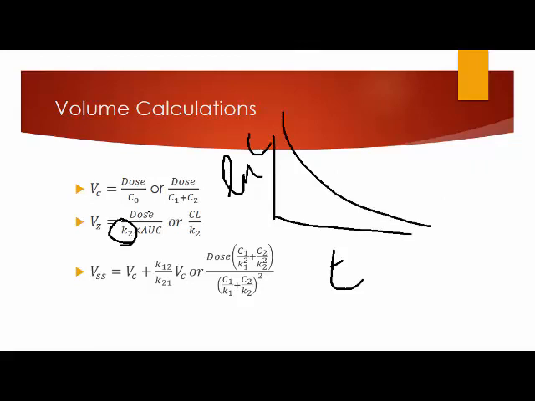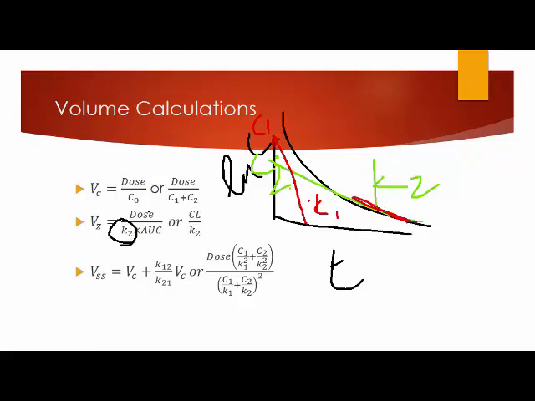So here's your slope, K2, C2, that's your y-intercept, and then here's maybe C1 and K1. So you can find your V zeta. Remember I told you it was going to be off of the slow slope here.